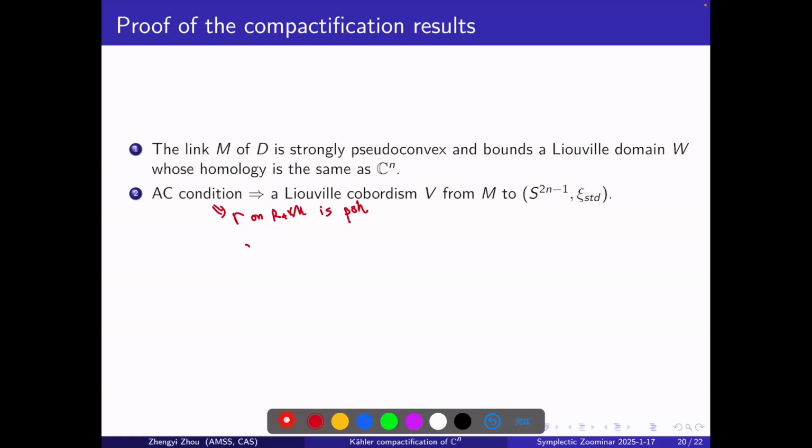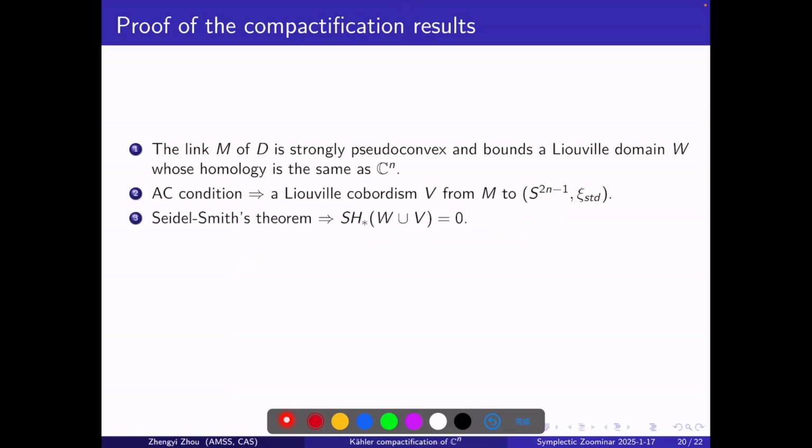And you also have on Cn the Euclidean R squared. This is also PSH. You can interpolate between these PSH functions to build a cobordism from N, which is the level set of this R, to a level set of this R, which is the sphere. So this AC condition is needed here to build this cobordism.